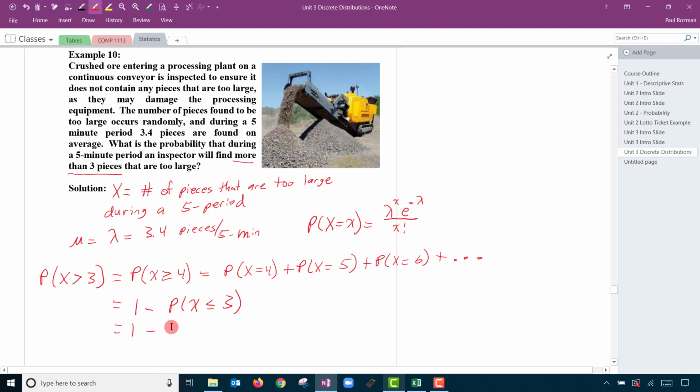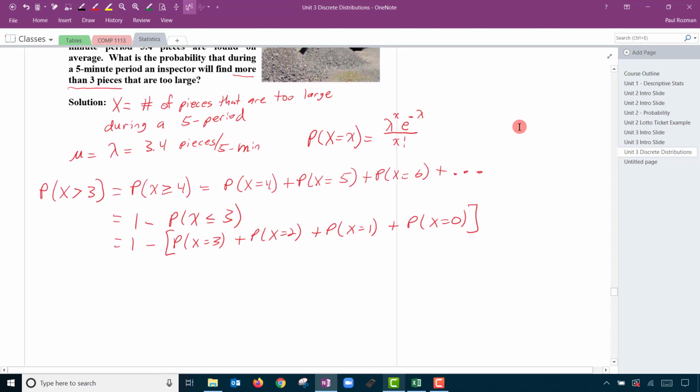And then we just have to solve the probability that x equals 3, x equals 2, x equals 1, and x equals 0. Don't forget about 0. And now we just have to substitute our values into this formula, 4 times. It's not too bad.